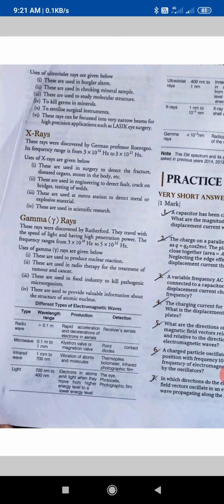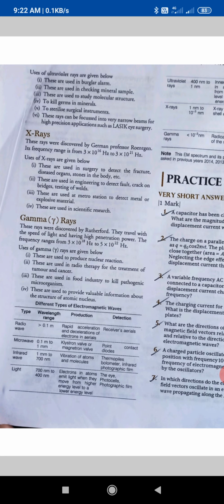These are used in surgery to detect fractures, diseased organs, and stones in the body. These are used at metro stations to detect metal or explosive material. These are used in scientific research.